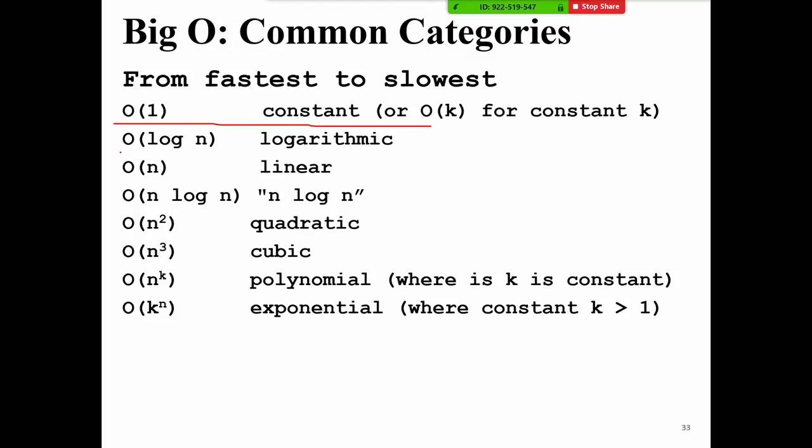Now, if you have a logarithmic algorithm, that means if I have an array of 1,024 elements, this will run 10 units of time, because you have to take the log of n, the size of n. Linear is the second best, or you can say the third best, because it executes linearly with the input.